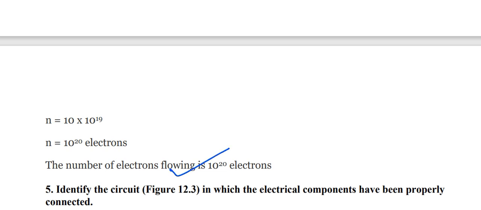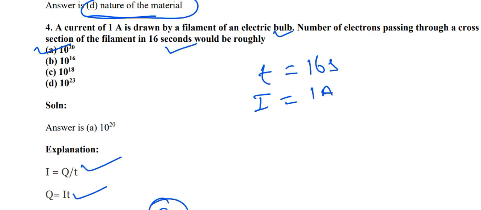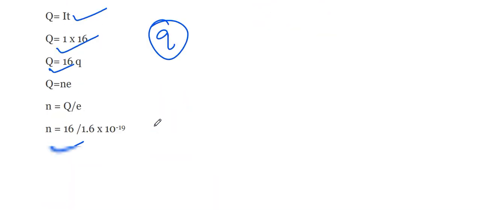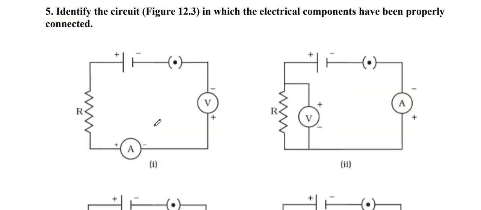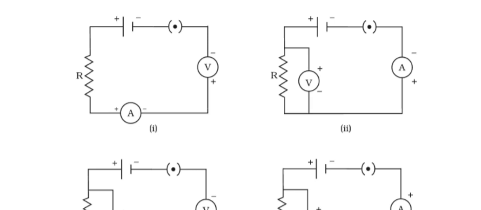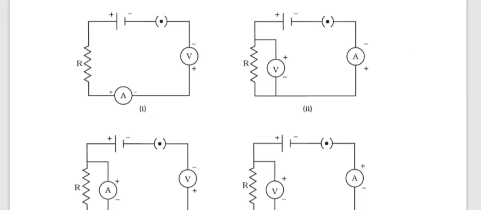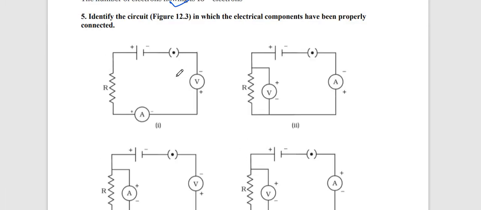So I have chosen option A, right? Here the important thing is the current flowing and the time, and then the relation is required to know, right? It's a very important question. Now let's see the next slide, right? You see four circuits are given, right?